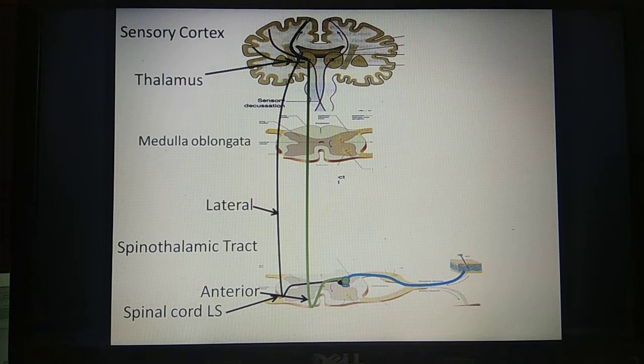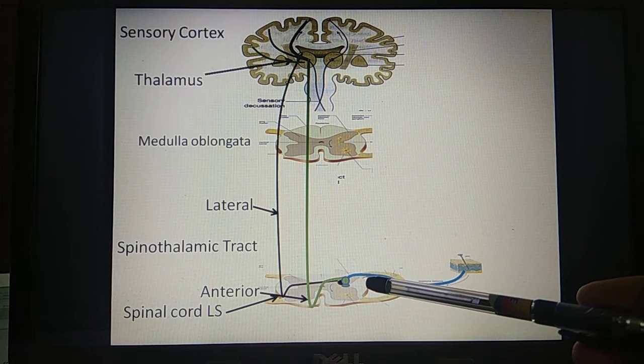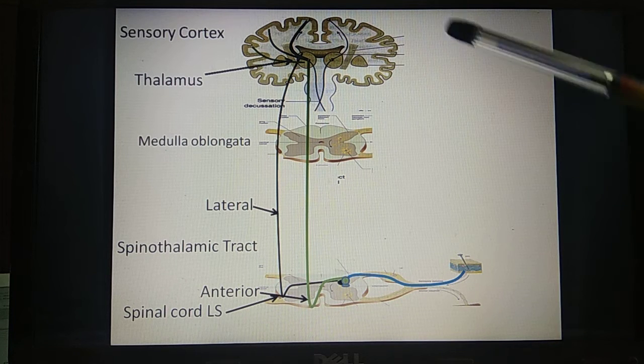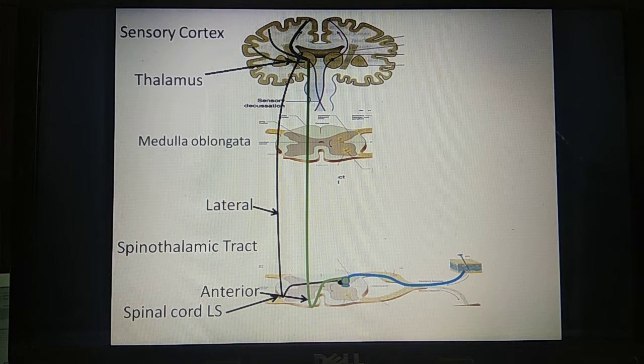So it arises from one side, crosses to the opposite side immediately and goes up to the thalamus. Then from the thalamus it goes to the sensory cortex. So this tract is called the spinothalamic tract. There are again two: one located anteriorly, called the anterior spinothalamic tract, and one located laterally, called the lateral spinothalamic tract.